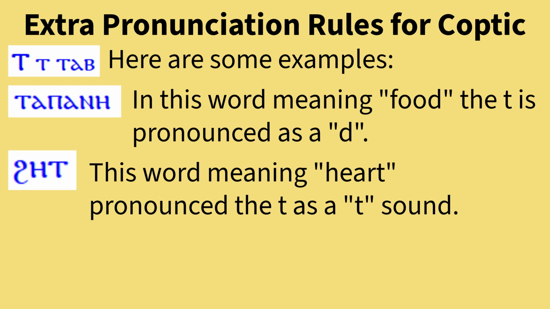Just a few more pronunciation examples we have here for the letter deb. So we have this first word, which is pronounced debana. In this word, meaning food, the deb is pronounced as a D. In this next word, which is pronounced chet, in the Greco-Bohairic pronunciation, people would probably pronounce this as het, but I'll pronounce it as chet.